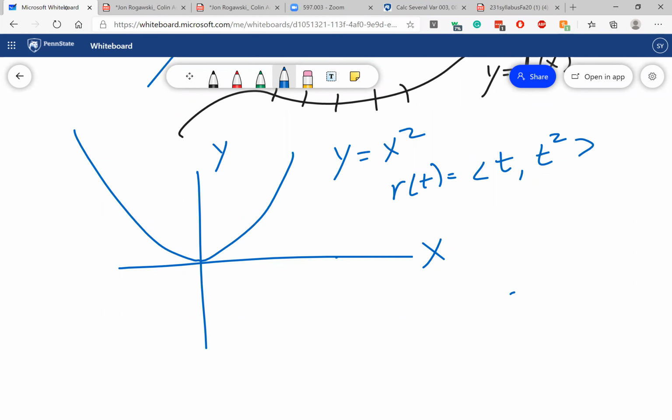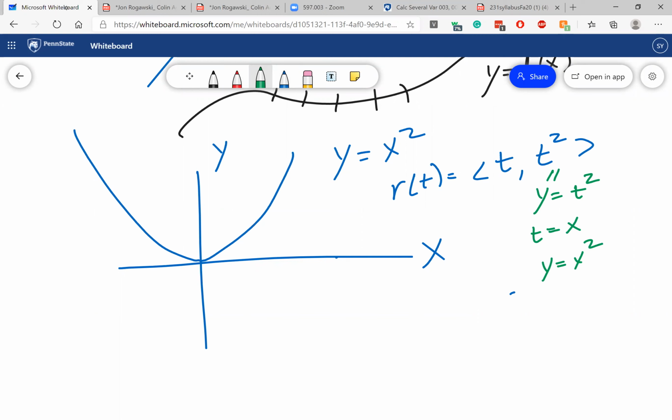So does this do the same thing? It looks exactly the same, and the reason is that y is equal to t squared, and t is equal to x, so y is equal to x squared. But you also parameterize it.